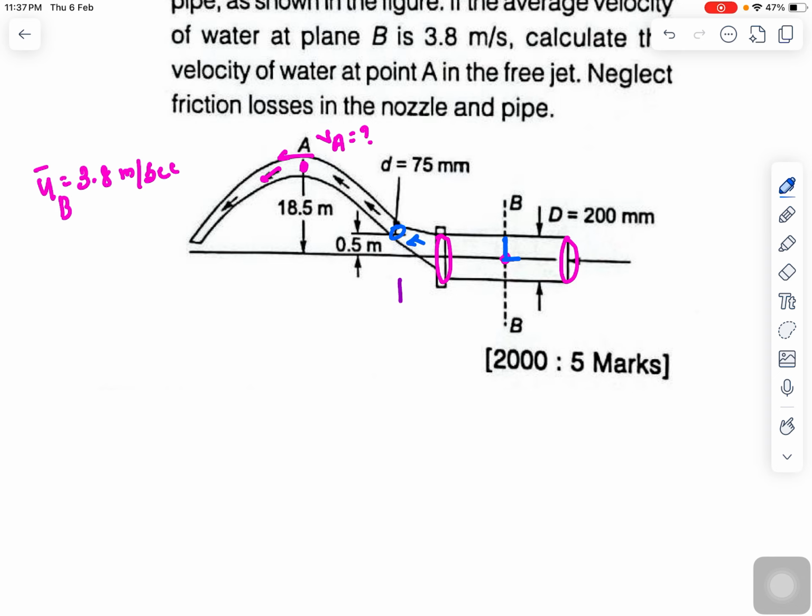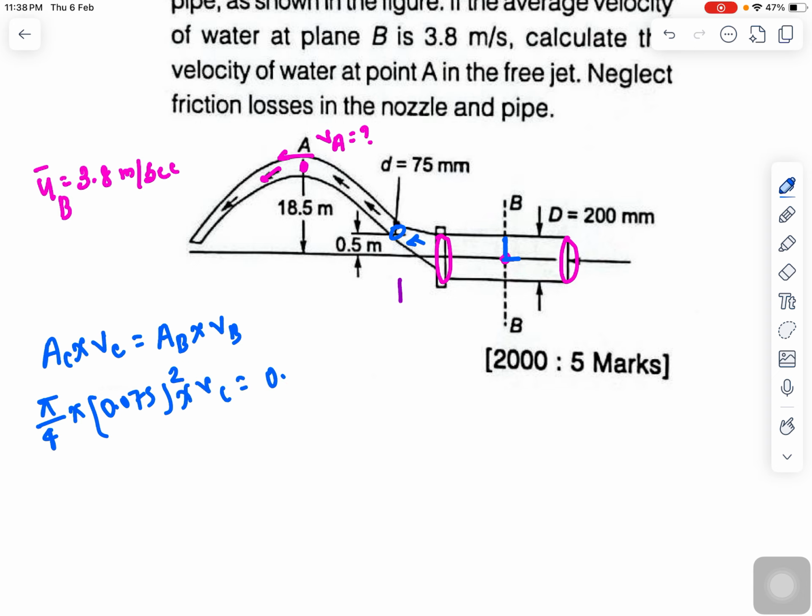At point C, the diameter is given to you. So what I can say is, area of cross section into velocity at point C is equal to area of cross section at B multiplied with velocity at point B. So the area of cross section here is pi by 4 into 0.075 whole square multiplied with VC, that is equal to the area at point B, this one is 0.2 whole square multiplied with pi by 4, and again the velocity is 3.8.